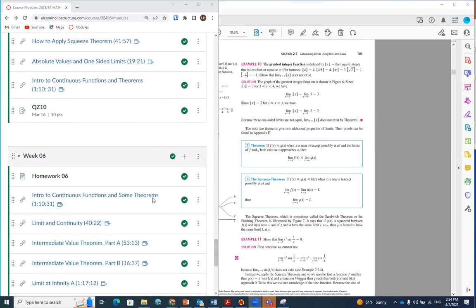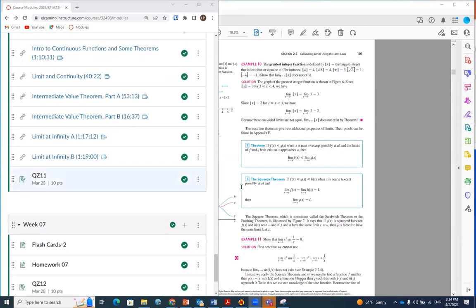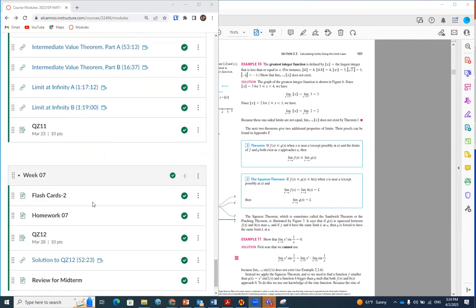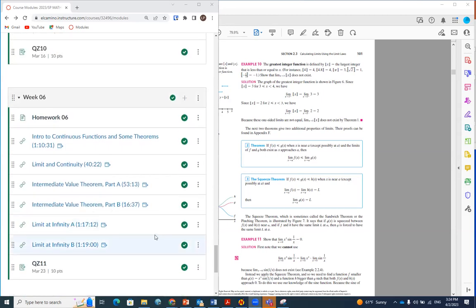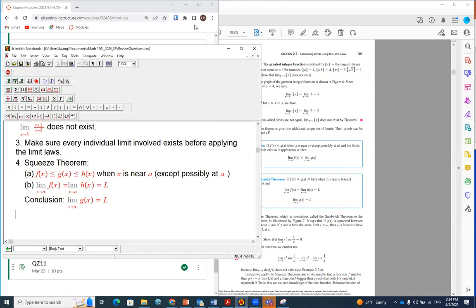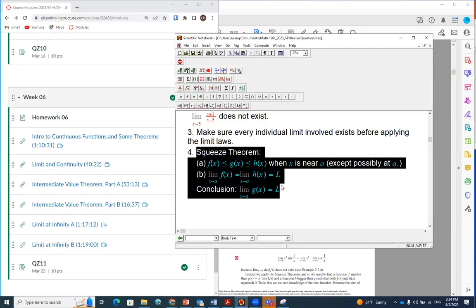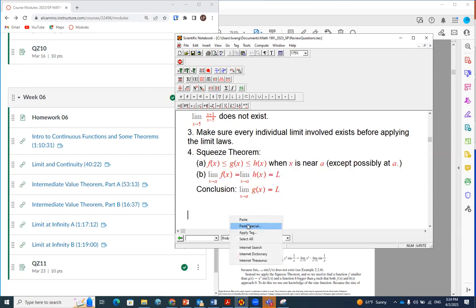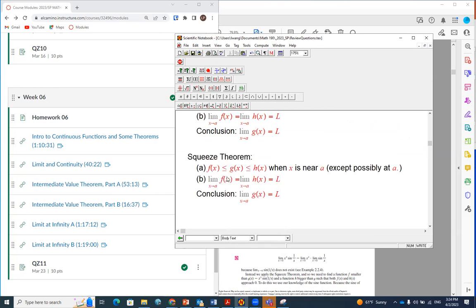I also wish to remind you, if x is approaching infinity, there's also a squeeze theorem. So I'm going to write down that narrative. There could be another version, where the squeeze theorem goes like this, approaching infinity.